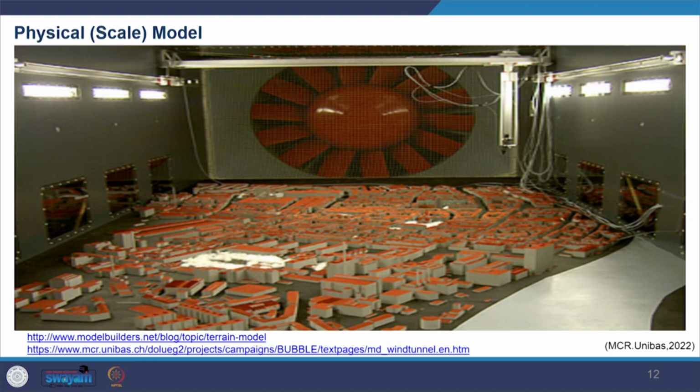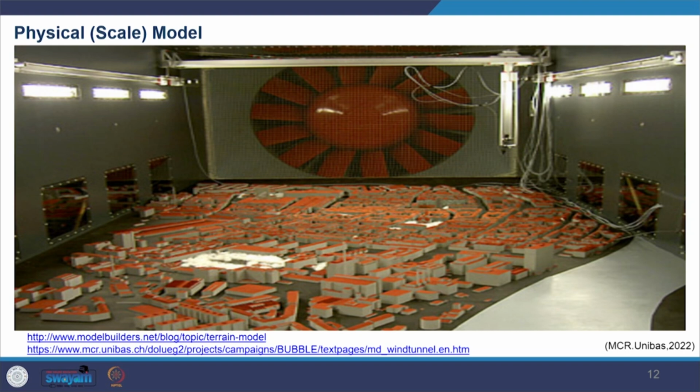In particular, these are used in conditions where topography is complex, such as hilly terrain, and also when numerical models indicate uncertainty. Whenever you use a numerical model, it indicates a certain level of uncertainty regarding the pattern of effects due to the surrounding buildings and terrain. So, in those conditions you also use the physical model or the computer graphical model.